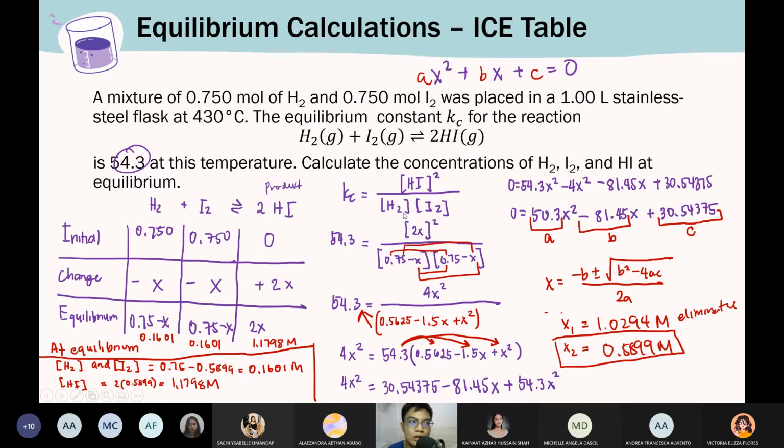And then once you plug it into your K expression, you have to do the appropriate algebraic techniques. No? So gamit ka FOIL method, cross multiply, factor out, etc. So lahat ng yan gagawin mo until you end up with a quadratic equation. And then once you have a quadratic equation, you need to solve for the roots.